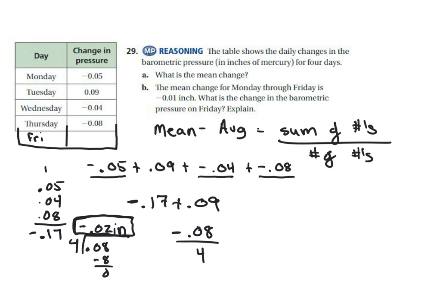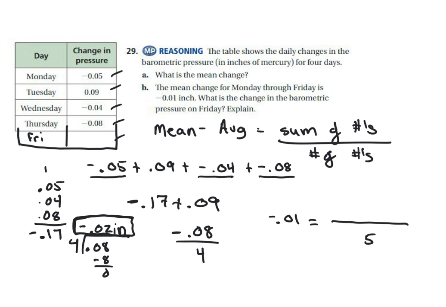The mean is negative 0.01. So we already know that the average is negative 0.01. The number of numbers now becomes 5 because we have 1, 2, 3, 4, 5 days.